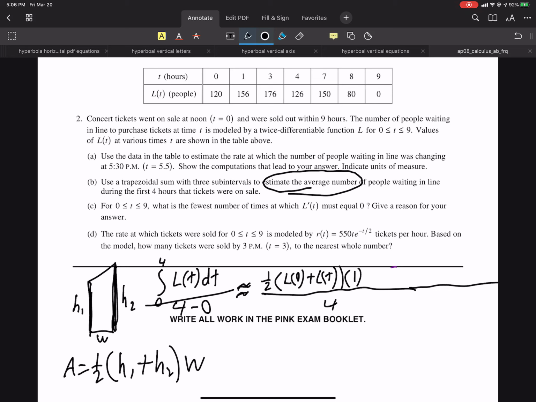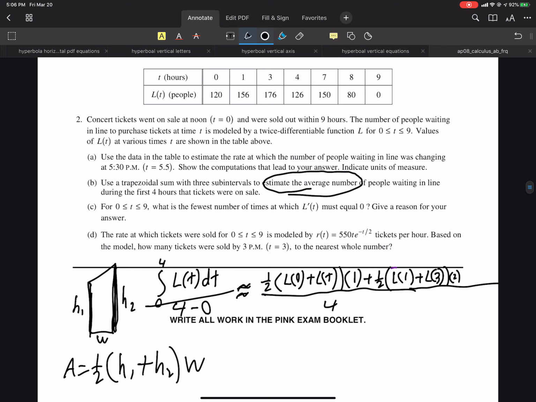So I have that. And then I have to go from 1 to 3. So same thing, 1/2. And it's going to be the two H's, L at 1 plus L at 3. And the width between those two would be 2.